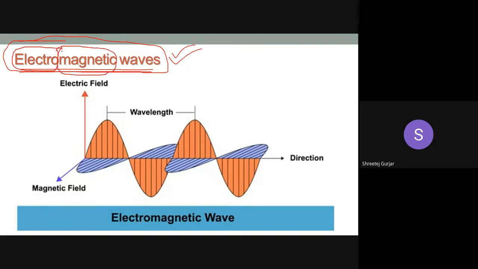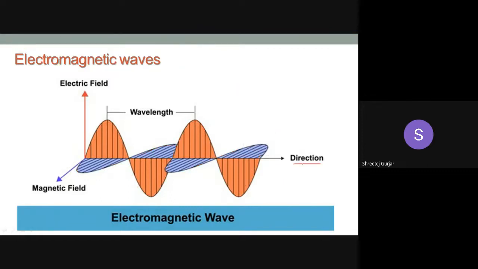So we have two types of waves which are combined together and used in an image. You can see here on your screen, the orange colored wave which you see is your electric wave, right? And the wave which is perpendicular to that in blue color, you can see this is the magnetic wave. So the combination of both of these is called an electromagnetic wave.